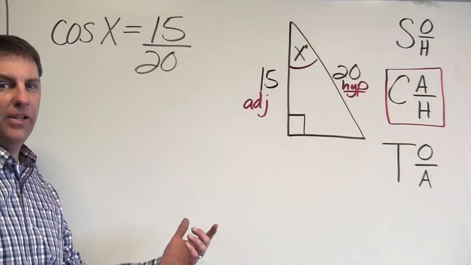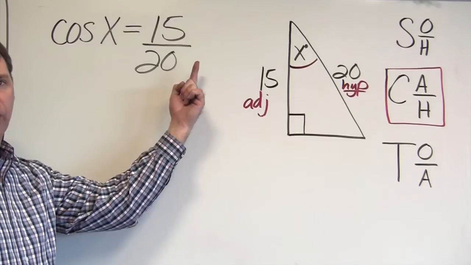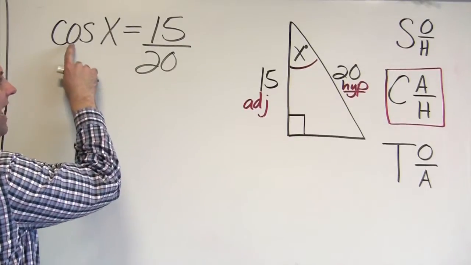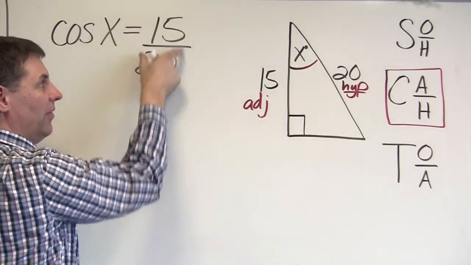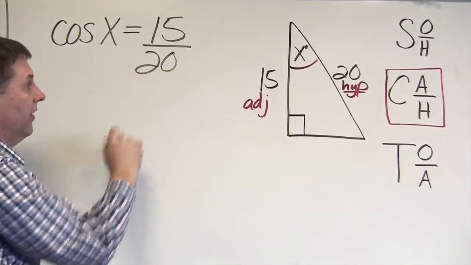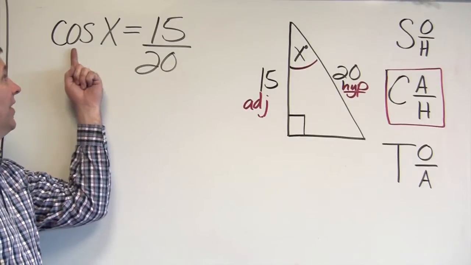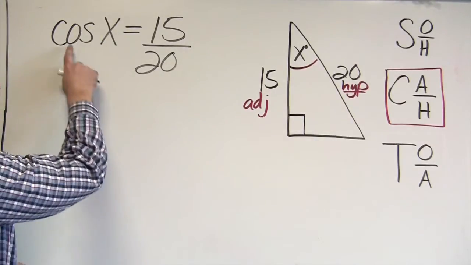The next thing I'd recommend you do first, make sure you set up your equation. It's always sine, cosine, or tangent of an angle. There's always an equal sign, and there's always a ratio or a fraction. Okay, again, this is not cosine times x, it's cosine of x.